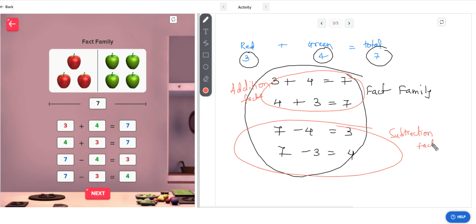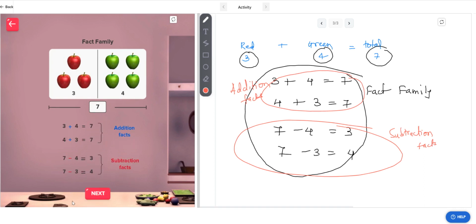Subtraction facts involve a minus sign, an equal sign, and only the numbers that are members of the fact family. And addition facts are the same, the only change being that they include an addition sign. So these 3, 4 and 7 are my members, these are my addition facts, these are my subtraction facts, and this entire thing is a fact family.